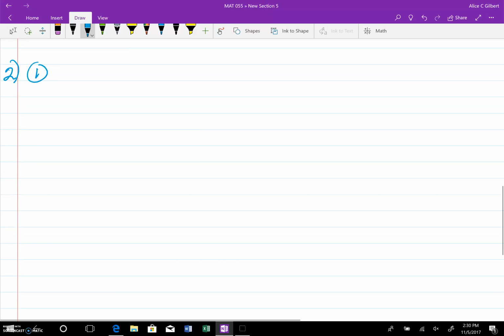So equation number 1 is going to be negative 3x minus 5y equals negative 17. And the second equation is y equals 4x plus 8. And we are told we have to use the substitution method.